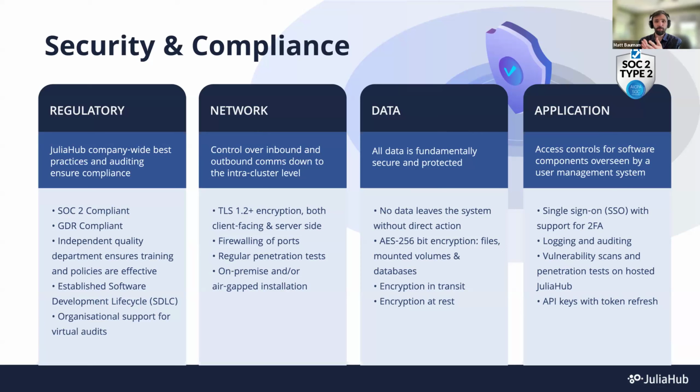And then in terms of JuliaHub Air, it is built atop the shared architecture of our fully featured cloud offering, right? And so, not only do we gain the additional security of an air gap, but we also have robust controls around the application itself, the product itself, because it is deployed in other contexts where security is also extraordinarily important, and we can't rely on an air gap, right?